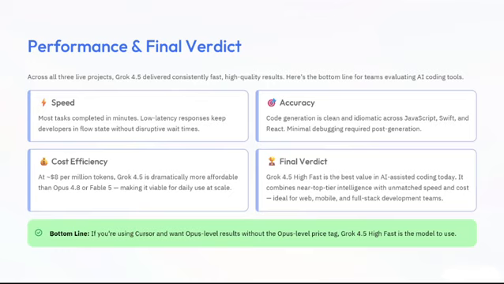Here's the bottom line for teams evaluating AI coding tools: speed, accuracy, cost efficiency. These are the benefits that we are getting from Grok 4.5.